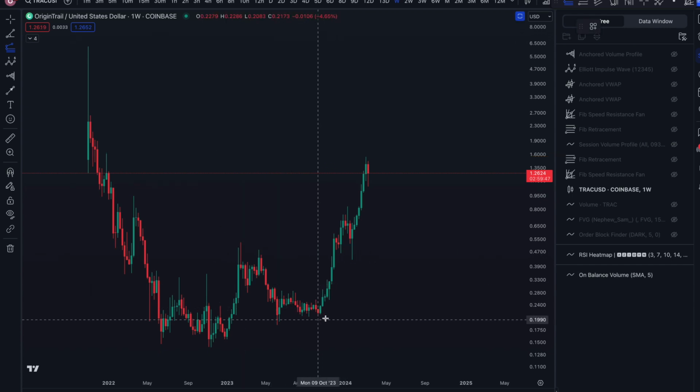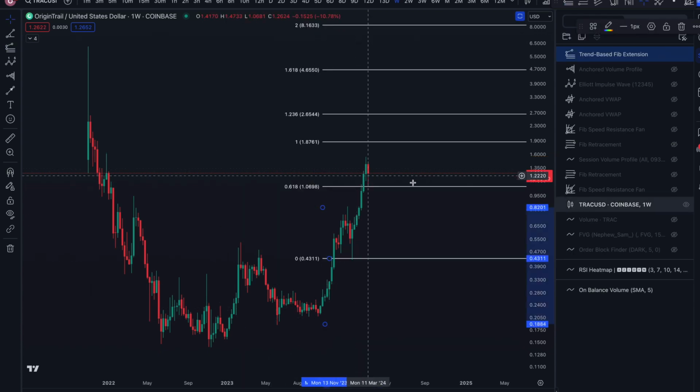You can see quite clearly support at 618 there, but the target is the 1618 if there's an extension, or the 121 or the 1236. We've got these levels above that, and $2 was always a target for TRAC, the 121 extension and the 1236.